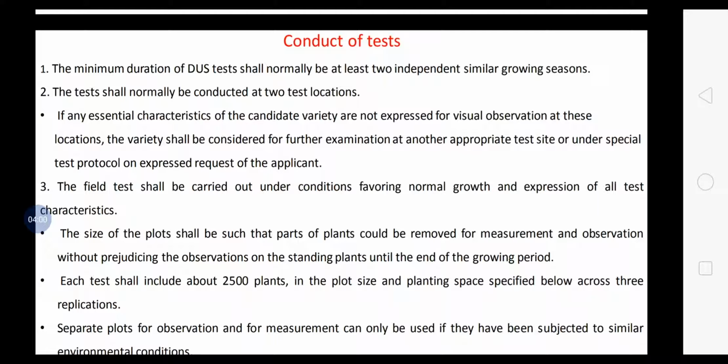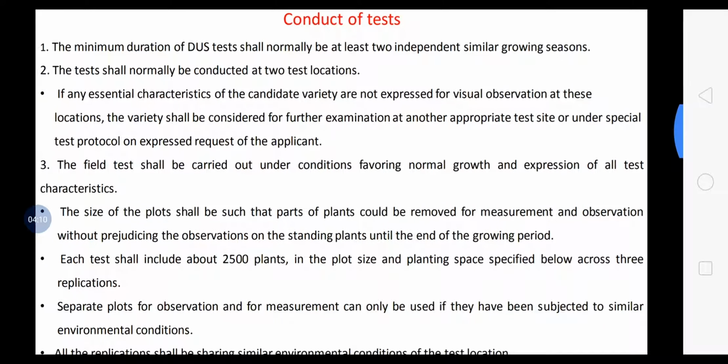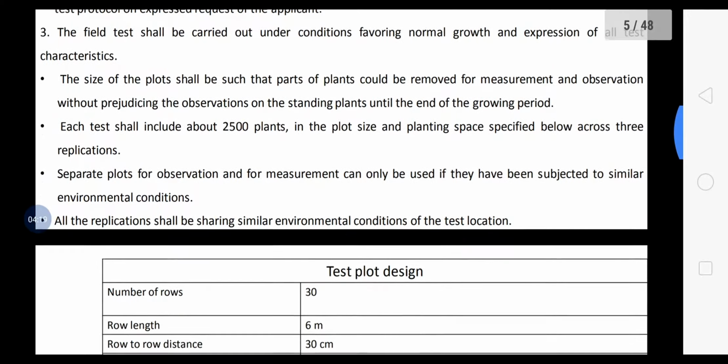Each test shall include at least 2500 plants in the plot size and planting space specified below across 3 replications. Separate plots for observations and for measurement can only be used if they are subjected to similar environmental conditions.